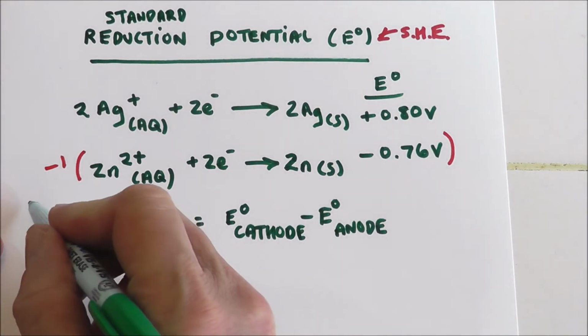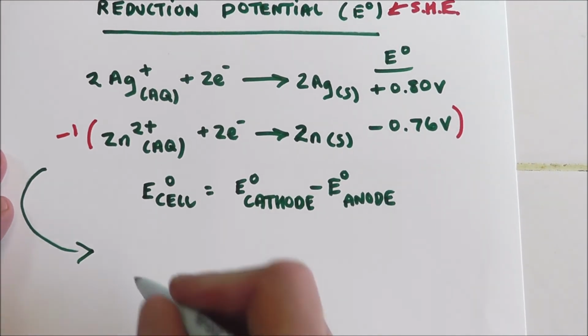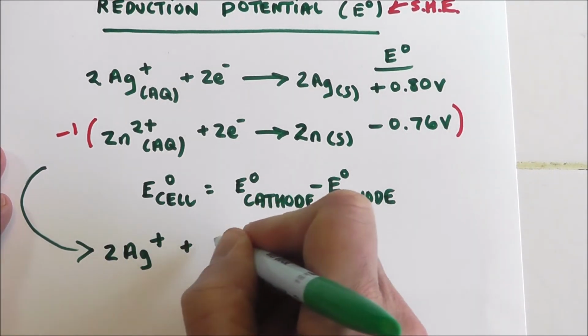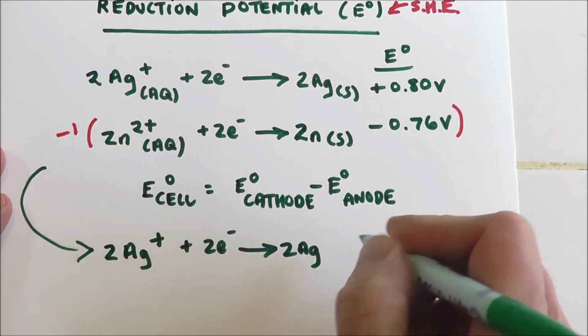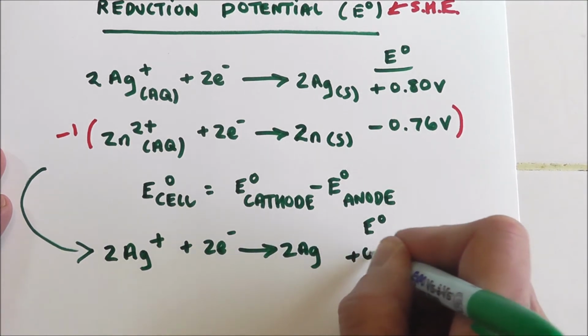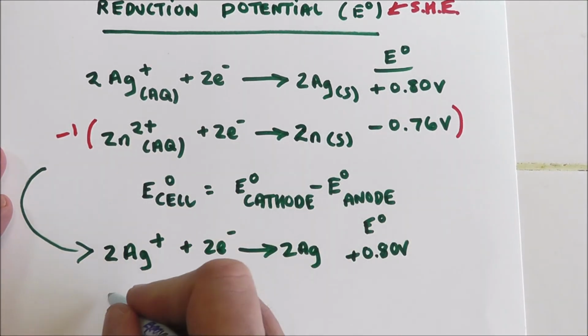Both these numbers can be negative or positive, but there's going to be a difference. So let's write this again. And let's turn around only the zinc. Okay, so I'm going to take the more electropositive substance and I'm going to leave it that way. And the E0 is going to be positive 0.80 volts. I'm going to invert this one.